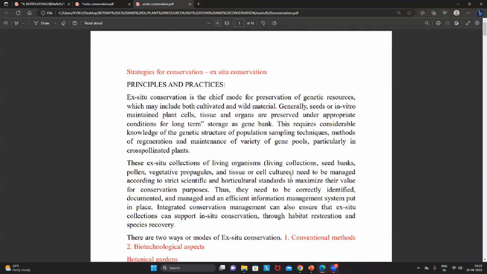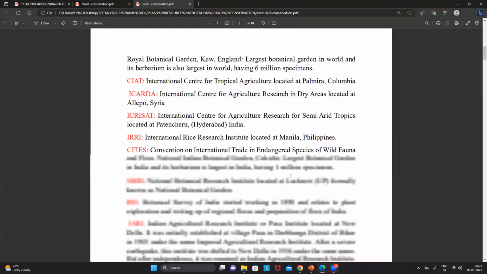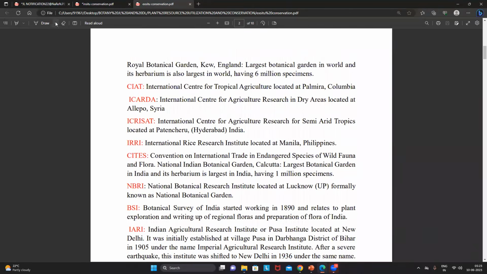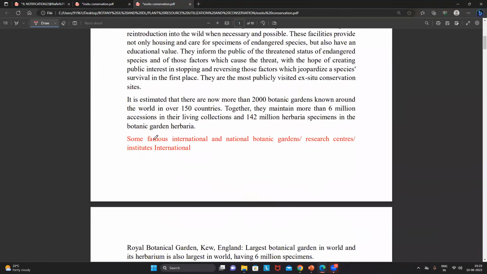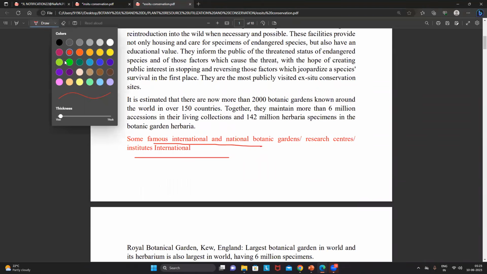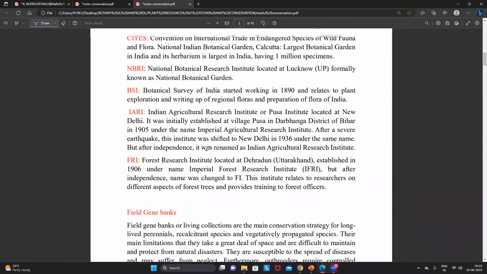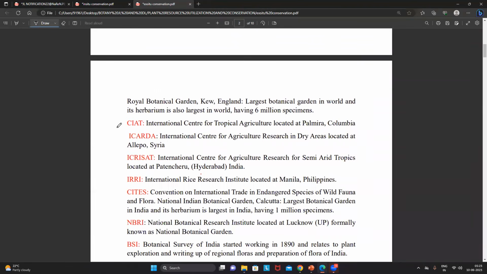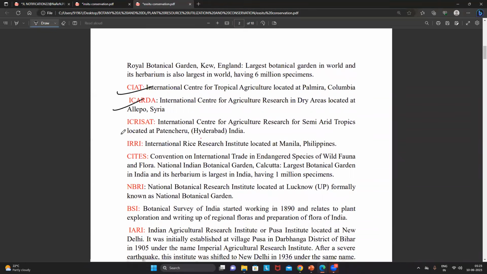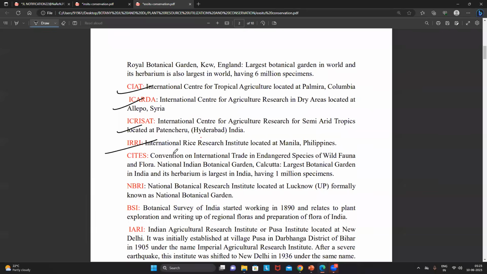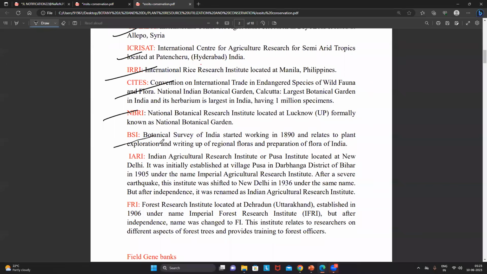So what you have to remember here also, all of you listen. First of all, whichever I have mentioned, you please remember. These are some of the famous international and national research centers and botanical gardens. How many have I mentioned? CIAT, ICRAD, ICRISAT, IRI, CITES, NBRI, BSI, IARI, FRI.